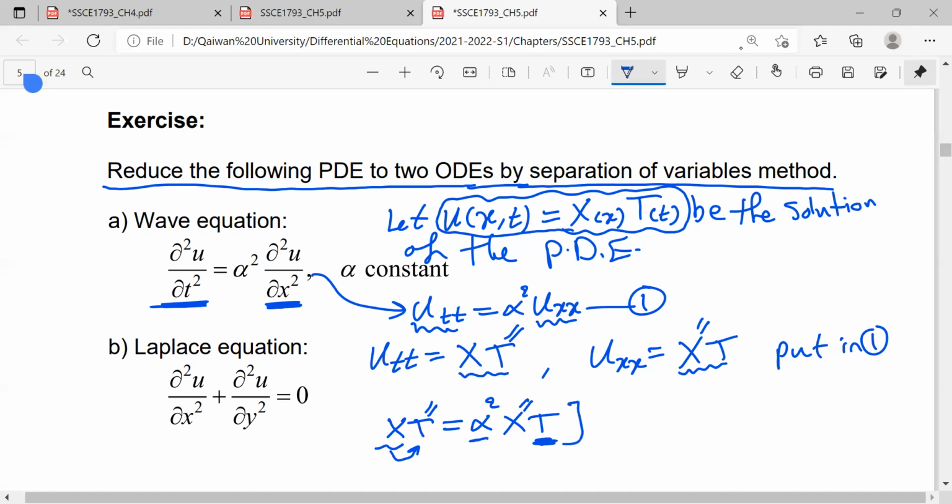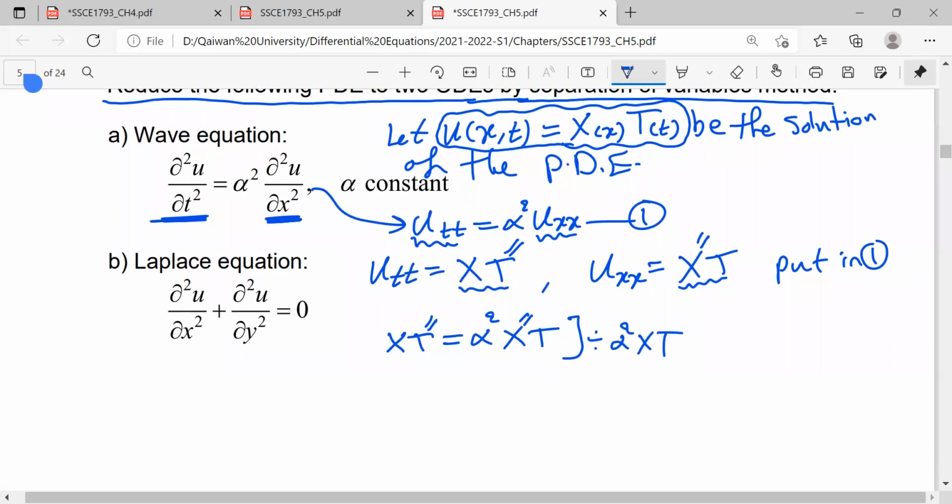How to remove these? To remove X on the left-hand side, we divide both sides by X. To remove alpha squared, we divide by alpha squared, and to remove T, we divide by T. That means we divide both sides of the equality by alpha squared X T. If we divide the left-hand side by alpha squared X T, X and X cancel.